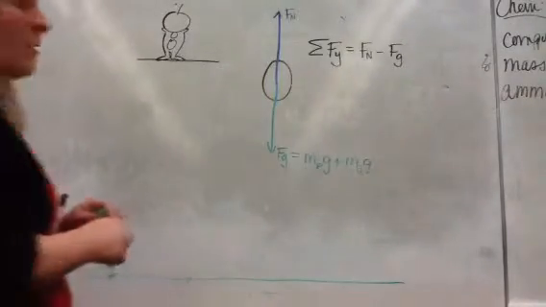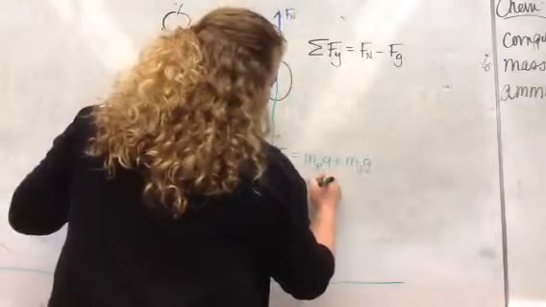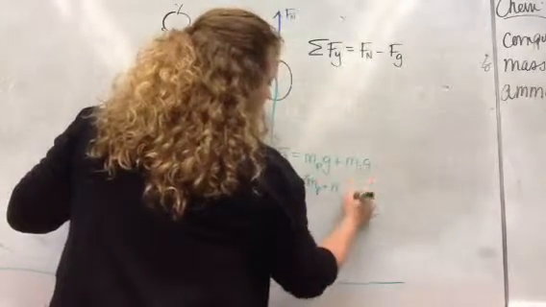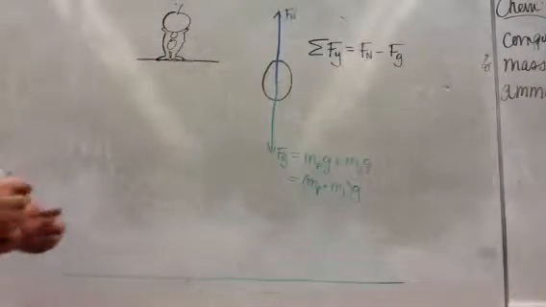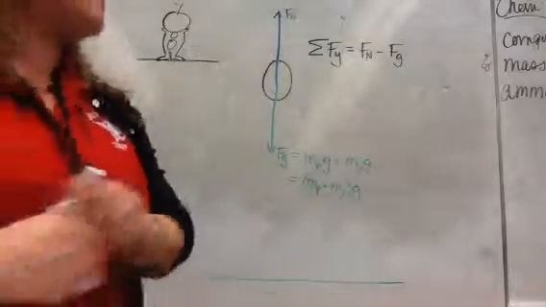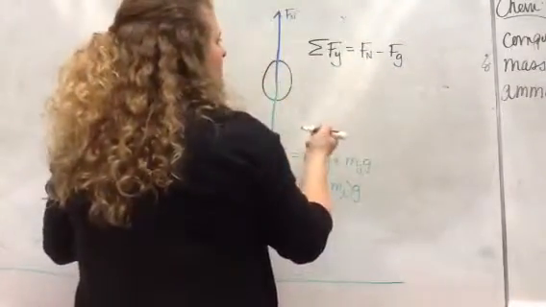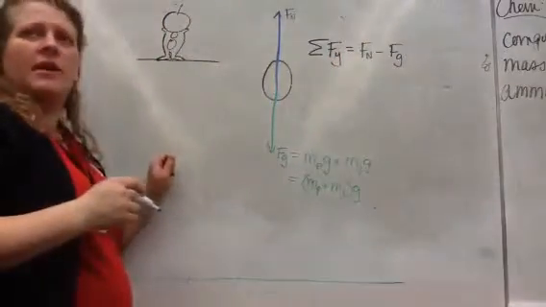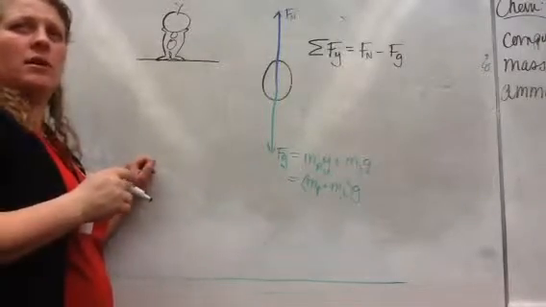Here we go, Joe. So you can algebraically say it's m_p plus m_j, quantity, times gravity. Okay? And we can use that up here. Furthermore, what do we know about F sub y, the sum of forces on the y? It's equal to what? 0.